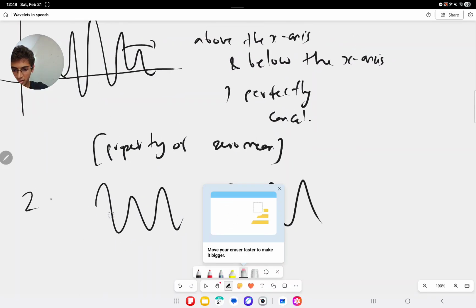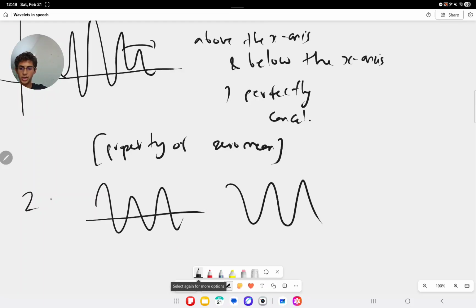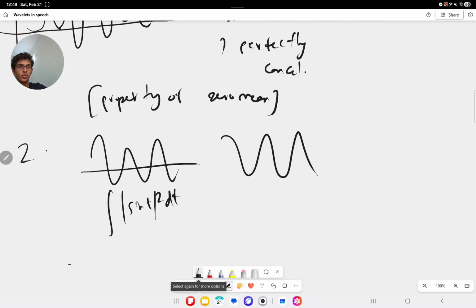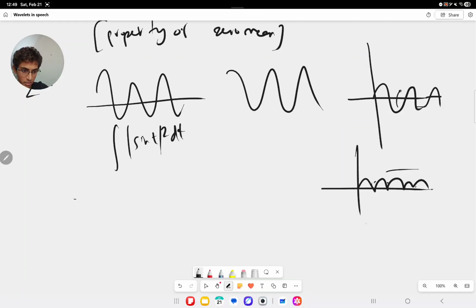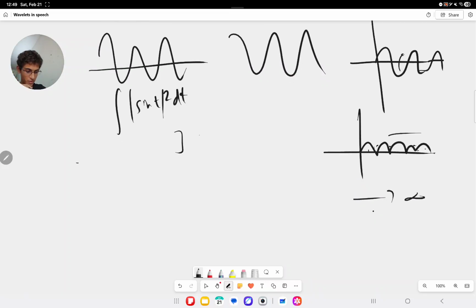In your sinusoidal signal, your energy is not finite, because when you square it, you're taking all the negative parts also above the x-axis, so you get a positive waveform. Of course it will be amplified due to the squaring, so that will all sum up, because an integral is basically a sum, and it will tend to infinity. But in your wavelet, it is finite. So that is your energy signal property and your zero mean property.